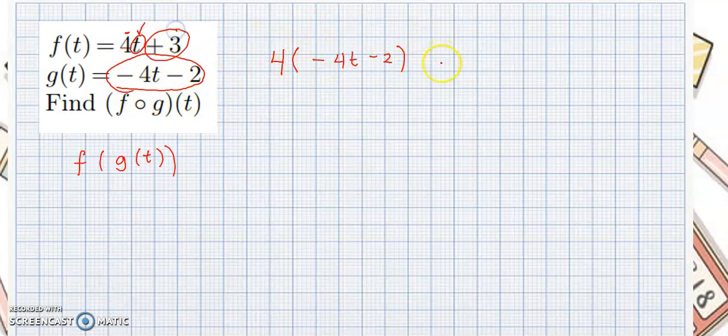Then we add plus 3. So we simplify it. This would be distributed. So this will be equal to -16t minus 8 plus 3. Or simply, this would be -16t minus 5.